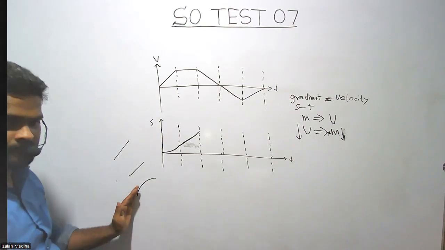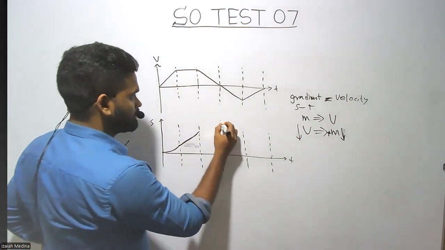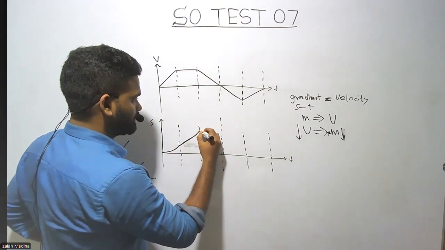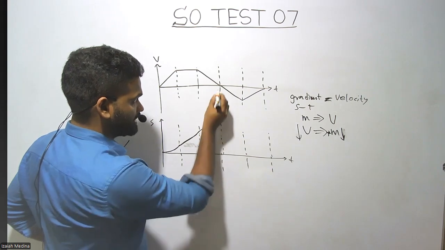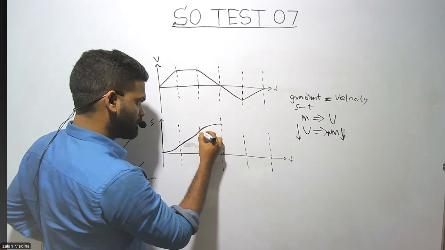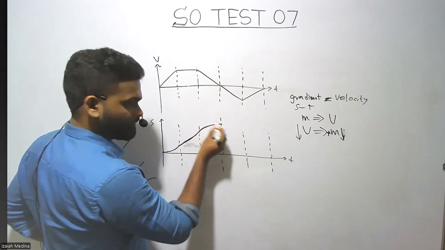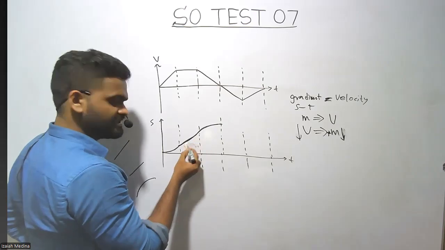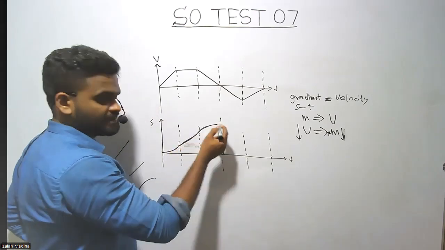See this? Decreasing. Slope is decreasing. Like this. And it becomes 0 here. Okay. Only linear part is this one. It is not that clear. But this is linear. The other two parts are curved.